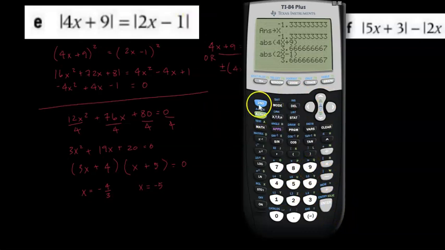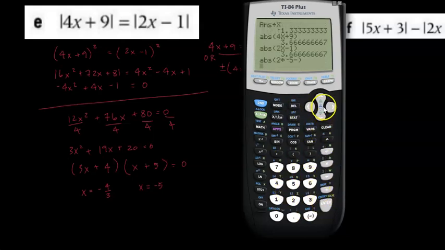Okay, and then I'm going to insert, and I'm going to try to solve for negative 5. No, I'm going to delete that. Delete 2 times negative 5, and then minus 1. It's harder to do it on the keyboard.